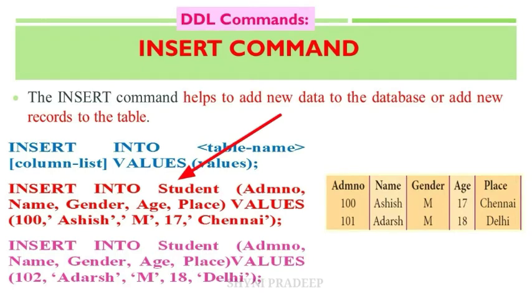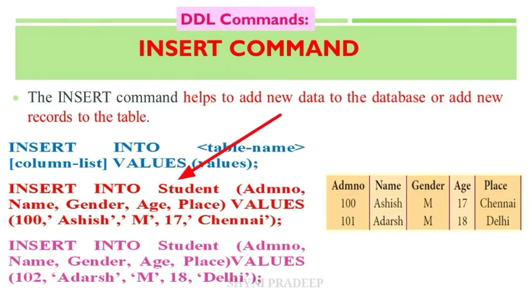Next you have to write the column list: admin number, name, gender, age, place. Next you have to enter the values within the parentheses. 100, this is the admin number. Ashish, this is the name. M, this is the gender, male. Next 17, this is the age. Chennai, this is the place.